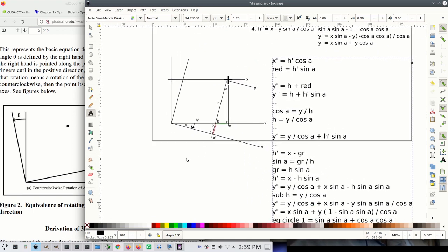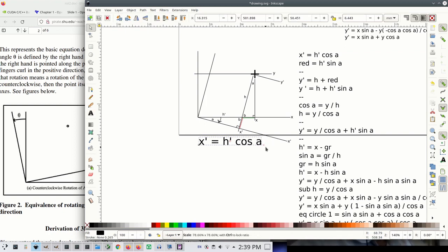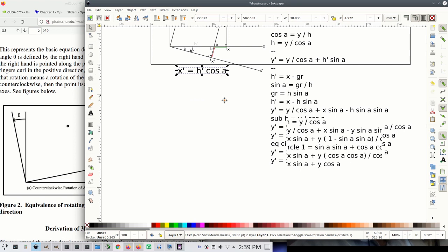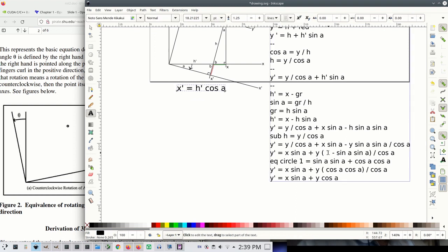Okay, now we can go to x. So x equals h prime cos a. Oops, that went huge. Okay. And for h prime, we sub in y over cos a.